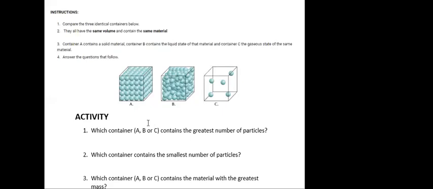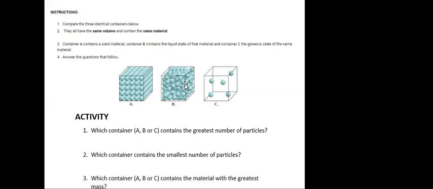Okay. So tell me, when I say that it has the same volume, what do I mean by that? When I say that all 3 of them have the same amount of capacity, okay, well done, Tendo. What Tendo basically means is that it takes up the same amount of space.